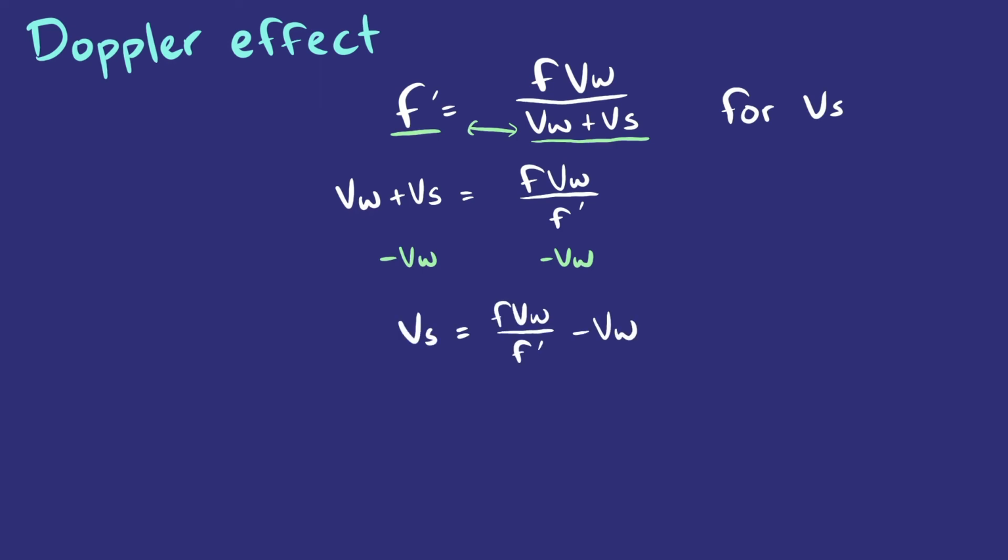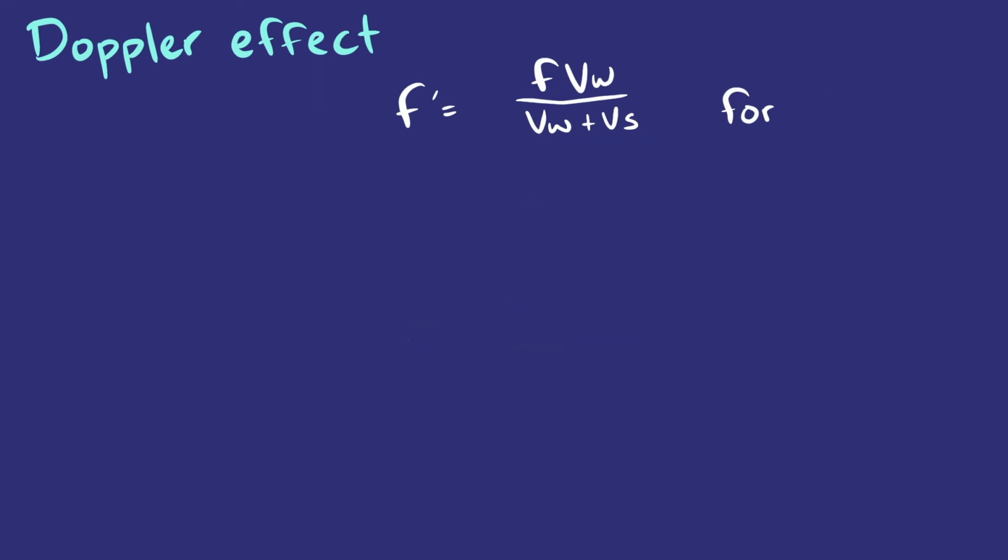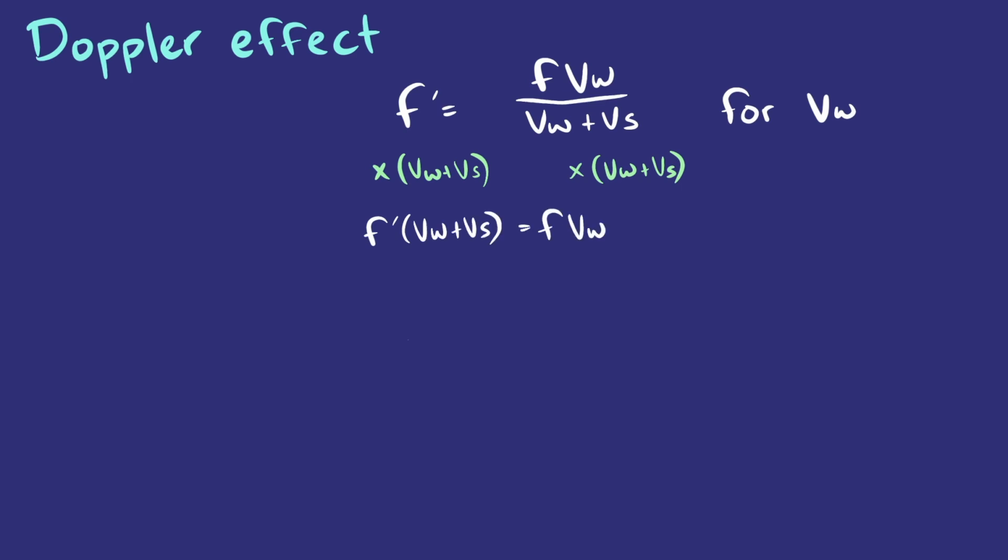And that's done. Next, let's solve this equation for VW. This is going to require a few extra steps. What I'm first going to do is multiply both sides by our denominator VW plus Vs. Now I'm going to expand the brackets out. We now want to group all the VW terms on one side, so I'm going to subtract this term here from both sides in order to get it on the other.